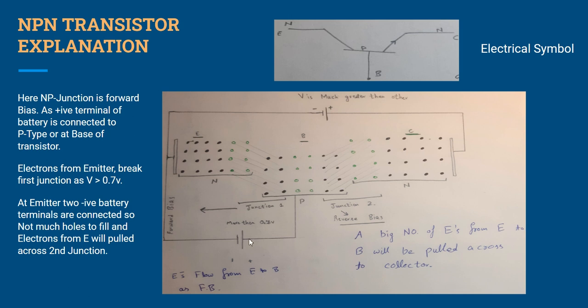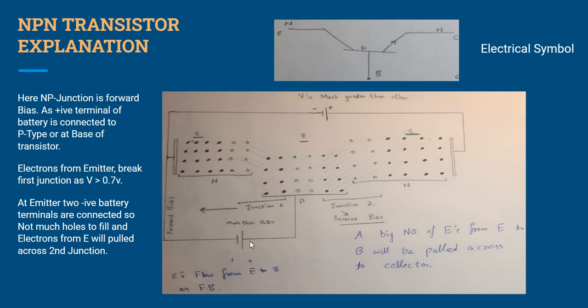What will happen? I am going to connect a battery here to the p-type, and the negative terminal of the battery is connected to the n-type, to the emitter side. And just forget the other battery first of all.